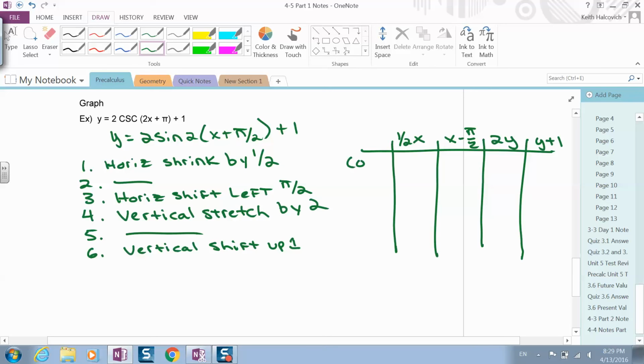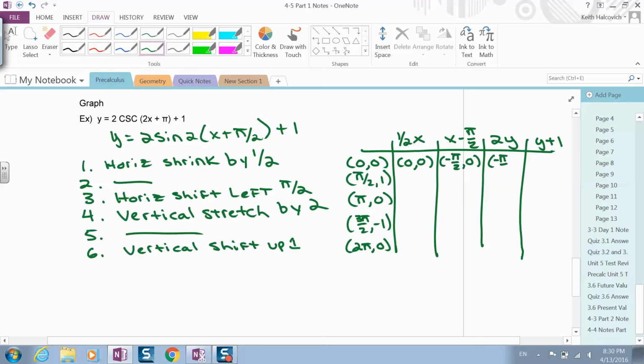Our original points for the sine are 0, 0, pi over 2 and 1, pi and 0, 3 pi over 2 and negative 1, and 2 pi and 0. So half of x is still 0, minus pi over 2 is negative pi over 2, 0.